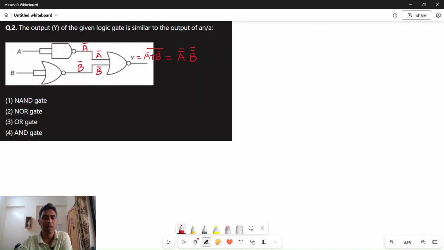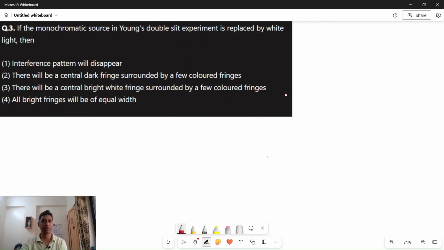Okay. So A bar bar is nothing but A. And B bar bar is nothing but B. So the output Y is equal to A dot B. So A dot B under AB input ಕೊಟ್ಟಿದ್ಮೇಲೆ, if A dot B is the output, this is a very standard gate and it is nothing but the AND gate. Fourth option.